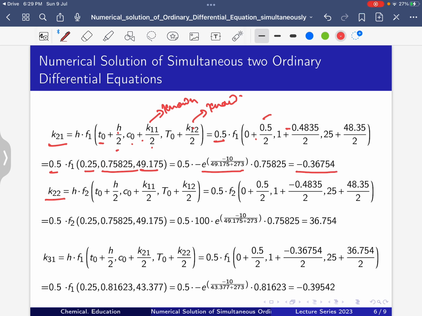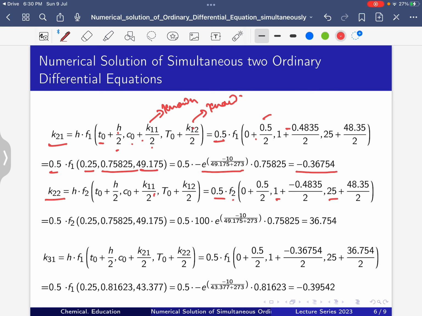Similarly, we can get k22, that is h into f2(t0 plus h by 2, c0 plus k11 by 2, T0 plus k12 by 2). Here we plug everything: 0.5 into f2, t0 we know is 0, h by 2 is 0.5 by 2, c0 is 1, k11 is already known, minus 0.4835 by 2, and T0 we know is 25, k12 we know is 48.35 by 2.